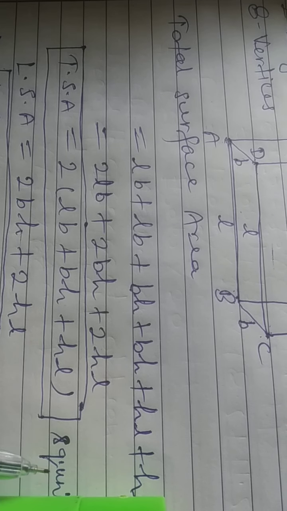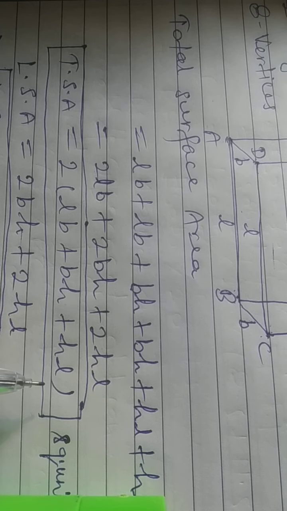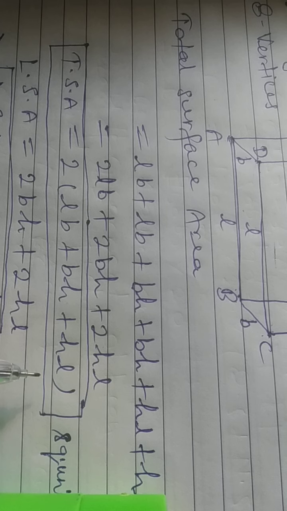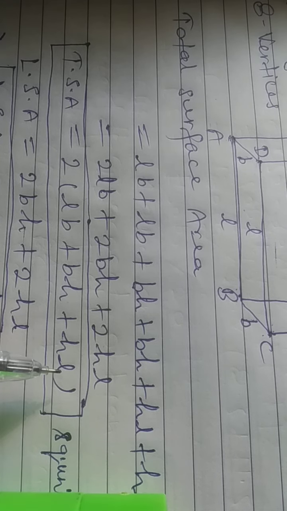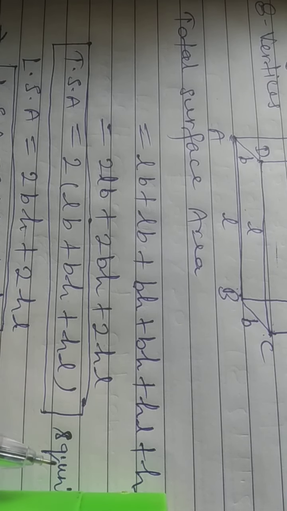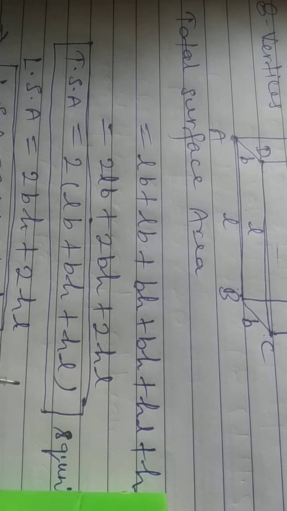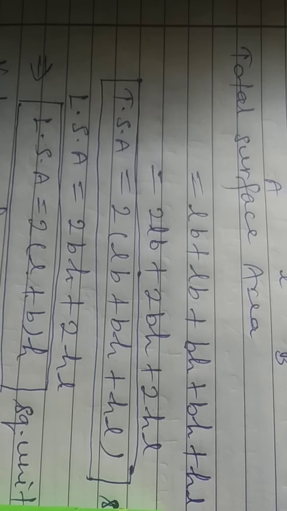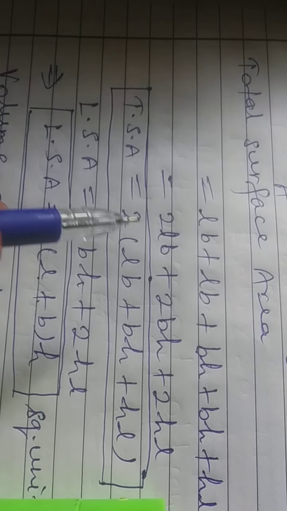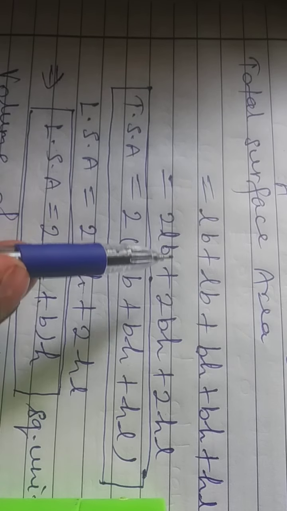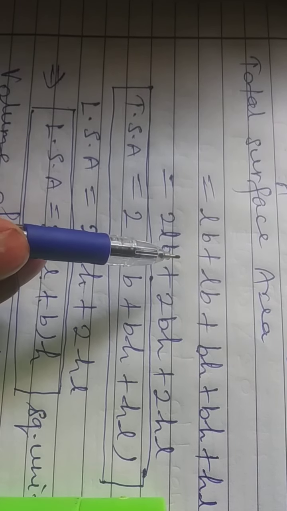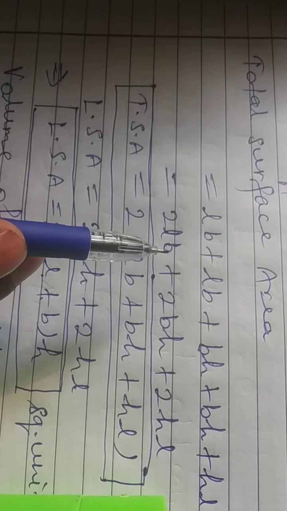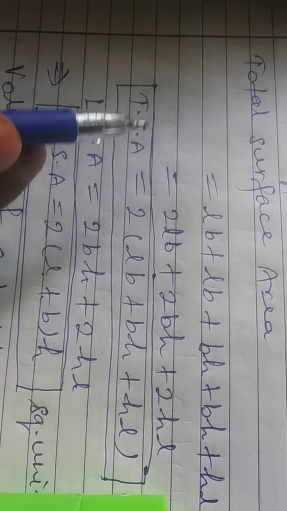area is square unit. If the dimensions are given in meters, then the unit will be meter square, or we can also write square meter. If the units are in centimeters, then we write square centimeter or centimeter square. For the lateral surface area, we have to subtract 2LB from the total surface area, because lateral surface area means we leave two surfaces, the lower surface and the upper surface.